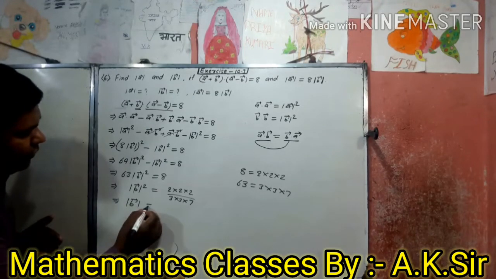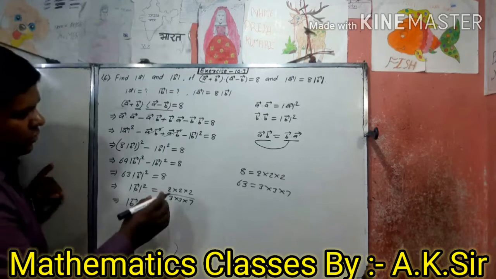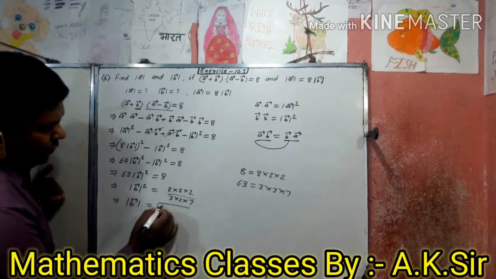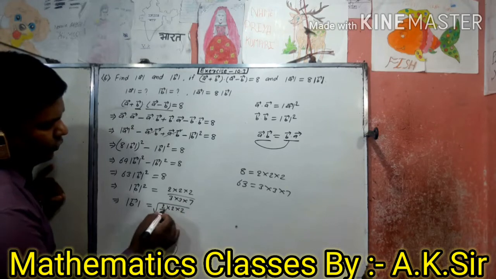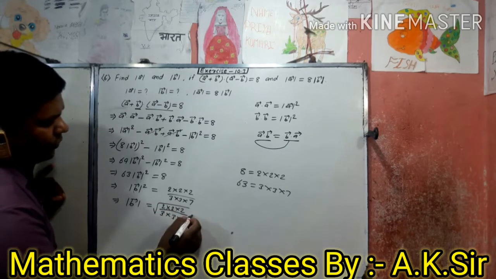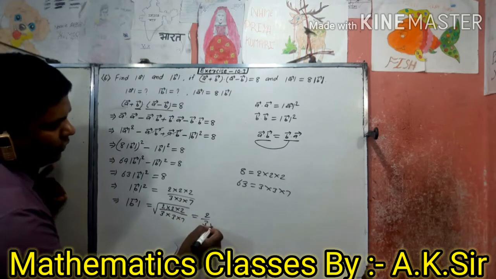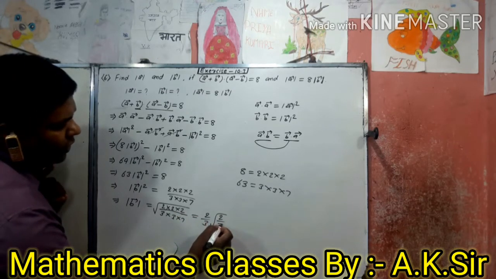Magnitude of b is equal to under root 2 multiply 2 upon 3 multiply 7, is equal to 2 by 3 under root 2 by 7.